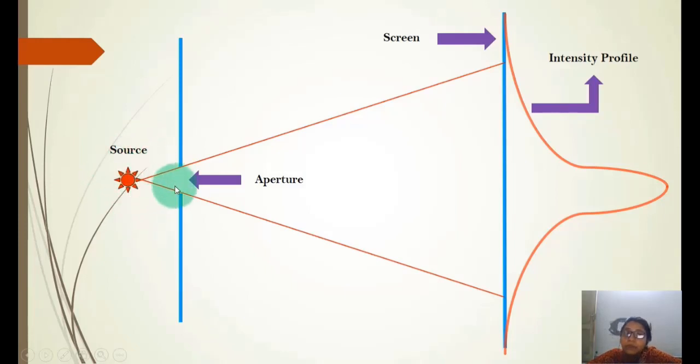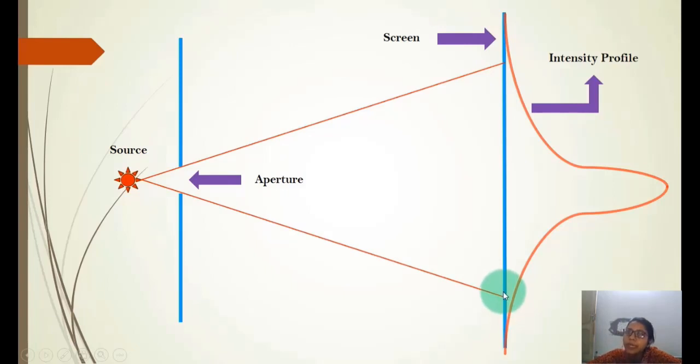If light was traveling in a straight line path, then across the corners of this aperture, light would travel like this. These are the two corners of our aperture. This is the region where light should reach, from here to here.